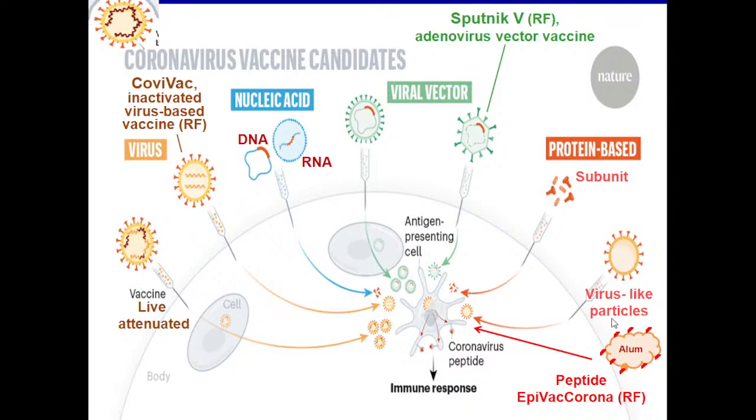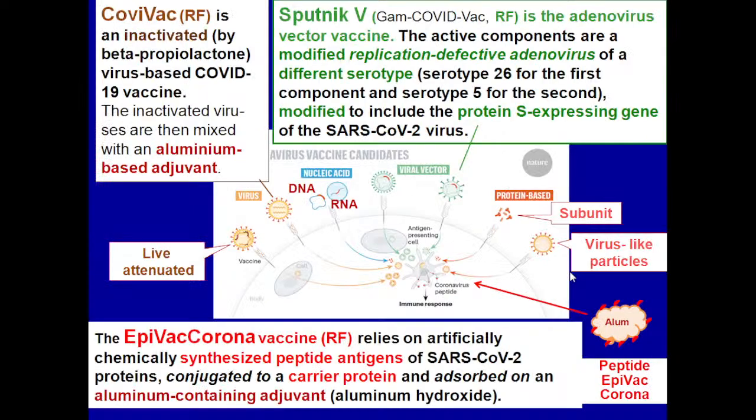And then virus-like particles, which are developed out of the carrier and the peptides that mimic the spike protein of the virus, and usually they are used together with an adjuvant, for example alum, because they are poorly immunogenic. And in the Russian Federation, the EpiVacCorona peptide vaccine is produced regarding this approach.